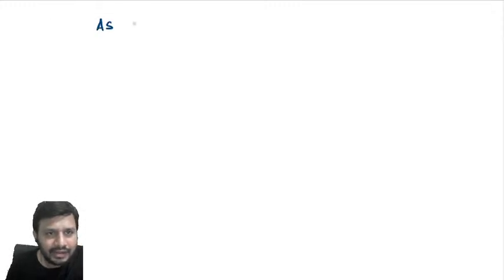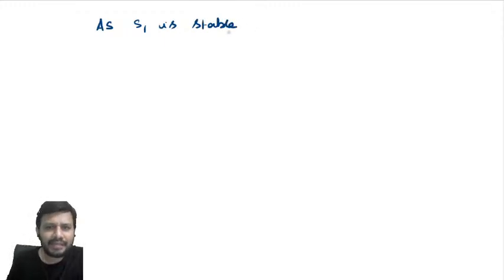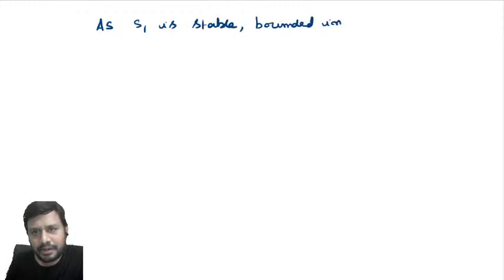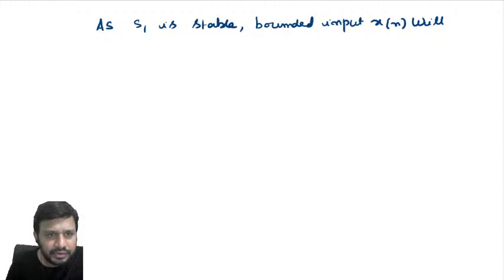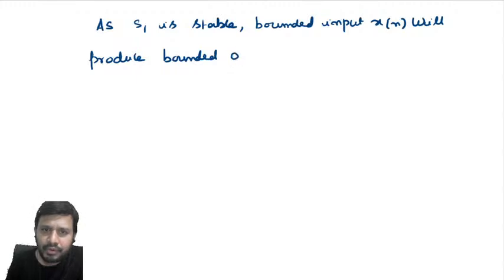Look here, as S1 is stable, what will happen? Bounded input will produce bounded output. So bounded input x of n will produce bounded output w of n.